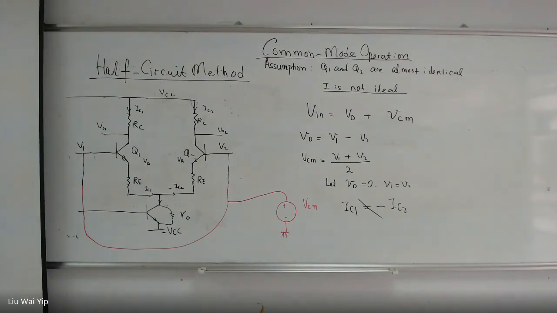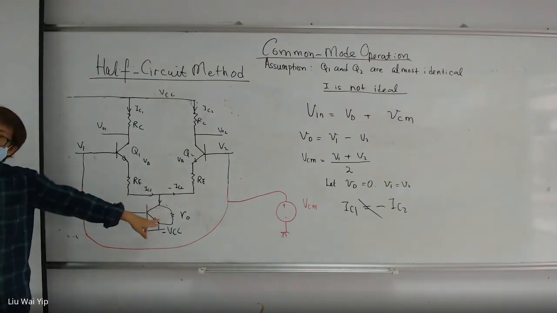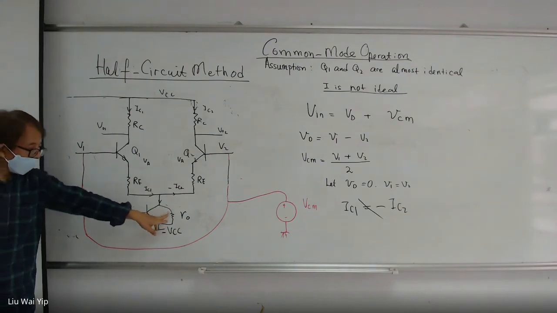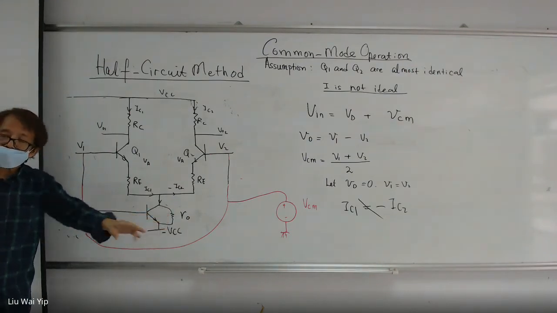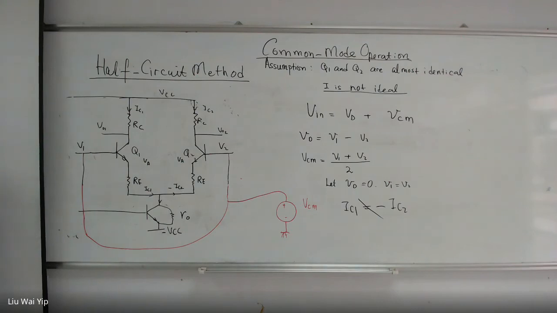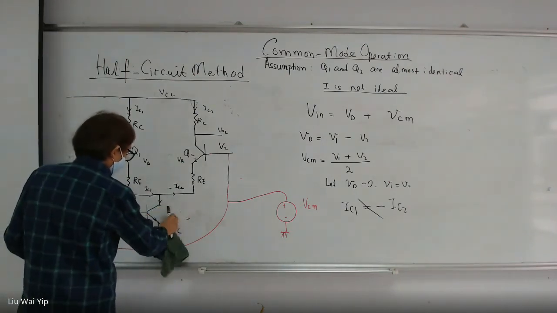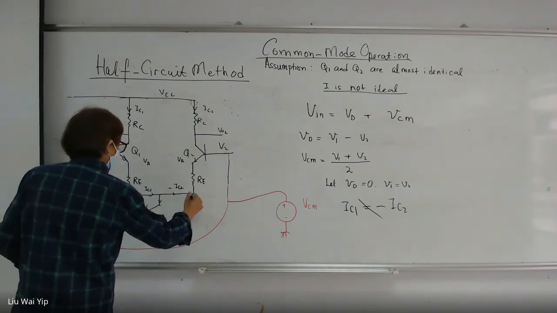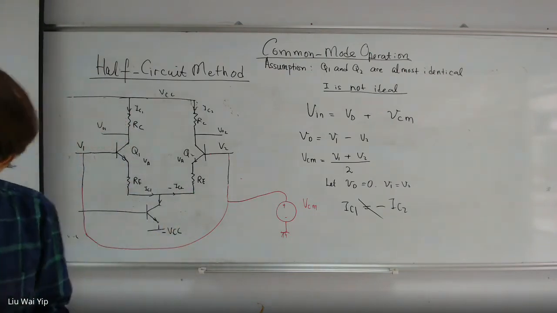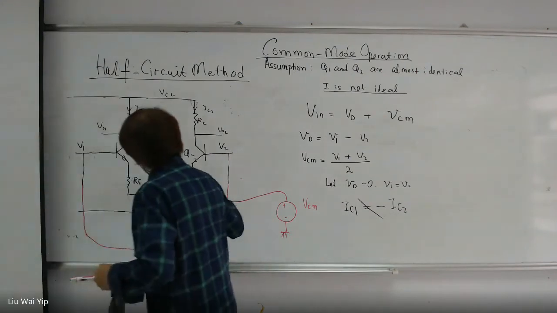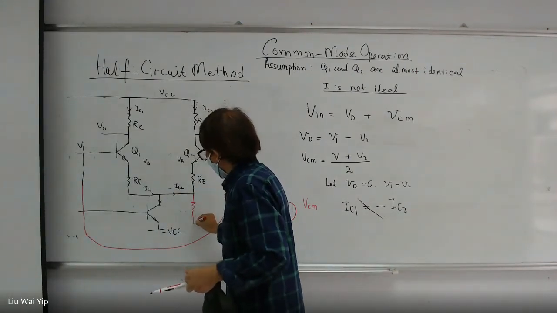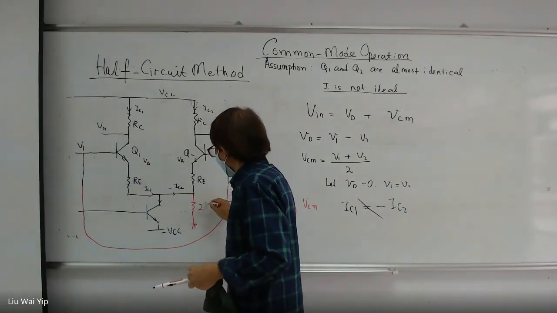Now, how about this? You split this into two. The resistor here, I don't know. If you split it into two, you know what? You know how to do parallel. Right? You can do this. Two, I don't know.